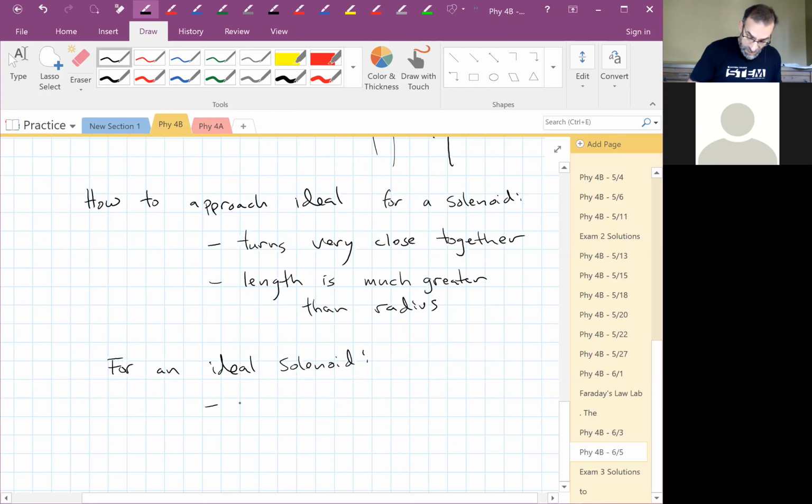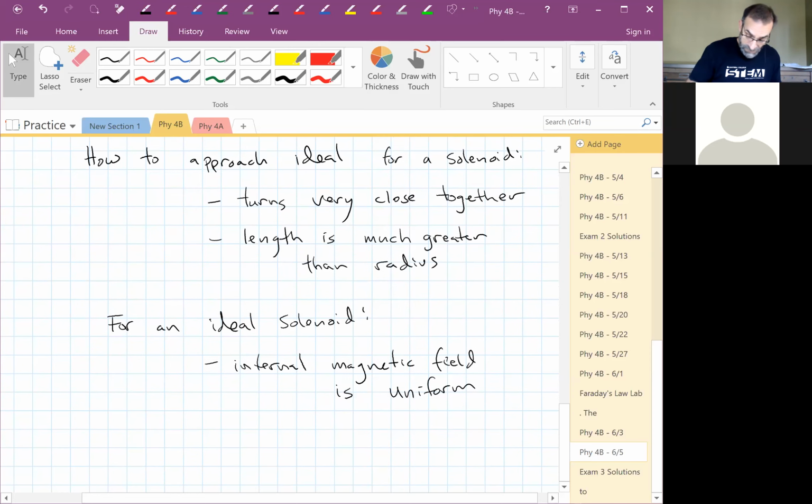And if we get to this ideal solenoid, we know the internal magnetic field is uniform, and the external field is 0.